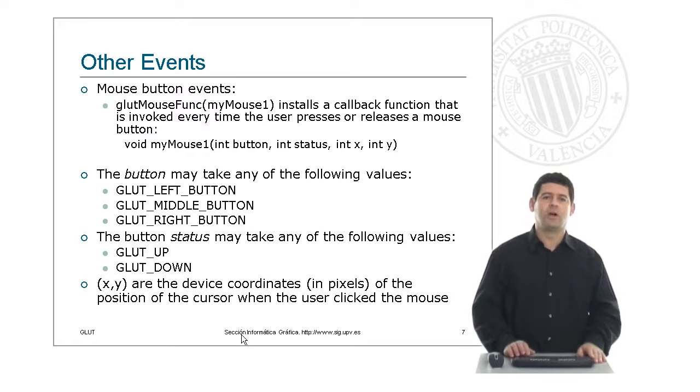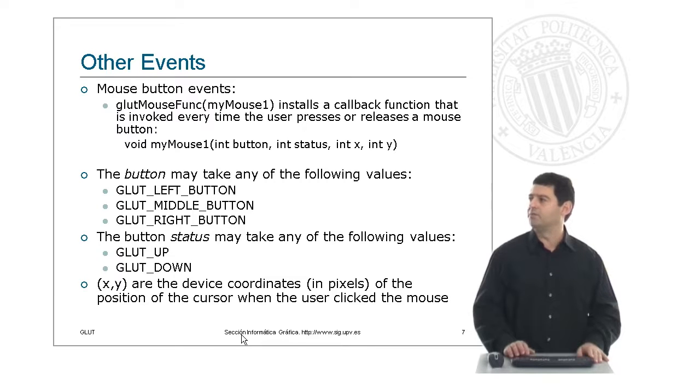Another type of events are mouse events. There are 2 types of mouse events: mouse button events and mouse movement events. Mouse button events are handled by a callback that you install using the GLOT mouse func function.